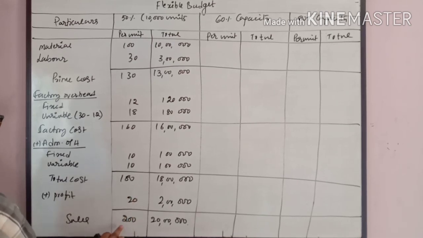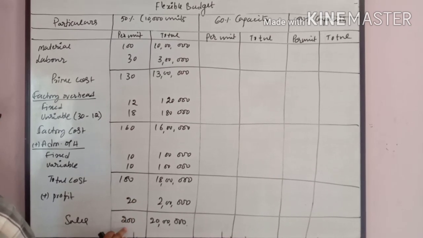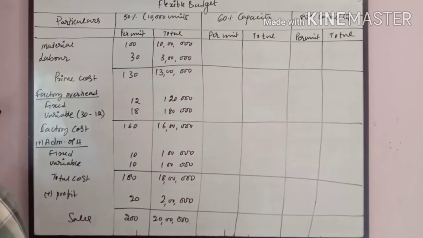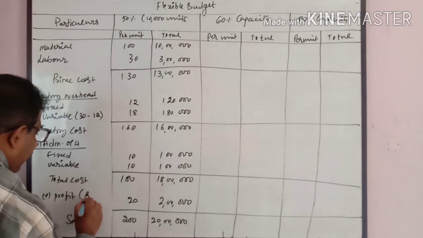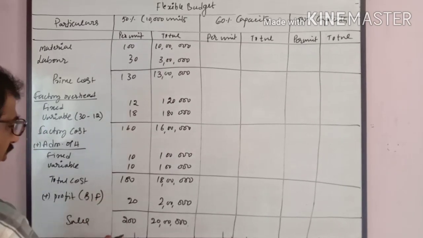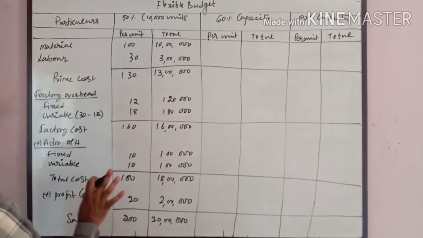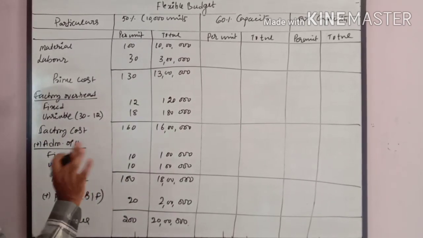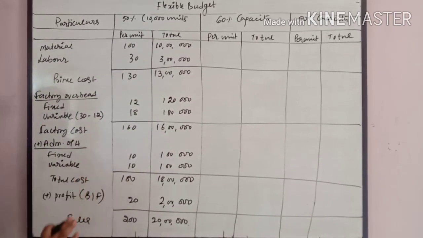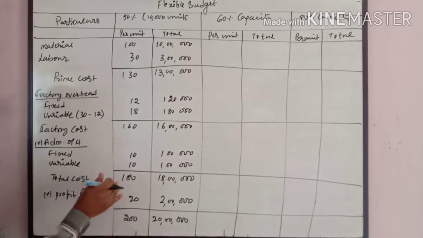Profit we don't know. Selling price is given as 200 per unit. 200 minus 180, the difference will be 20. This is called the balancing figure, and we calculated the profit. There are no selling and distribution expenses. In case it is given, we have to take it as selling and distribution, with how much variable and how much fixed.